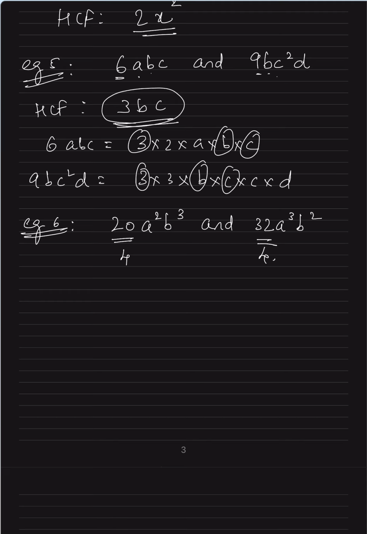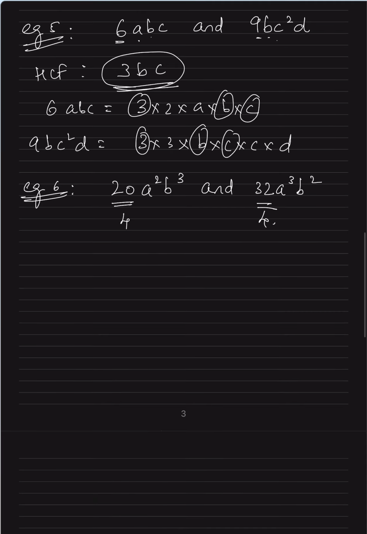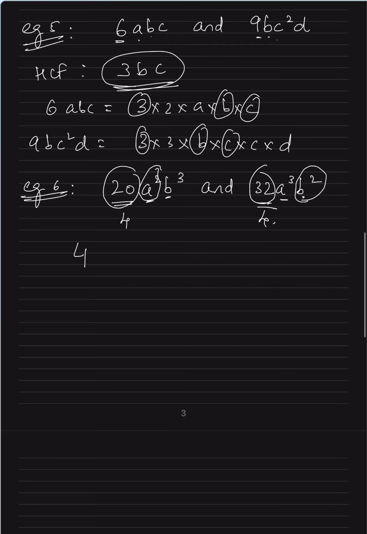Why? If I take 2, then also I am going to get 4, correct? Now both the digits are there in table of 4. Then a square and a cube, take the least, so a square is common. B cube and b square, take the least power, means b square. So we can directly write it as 4a square b square.